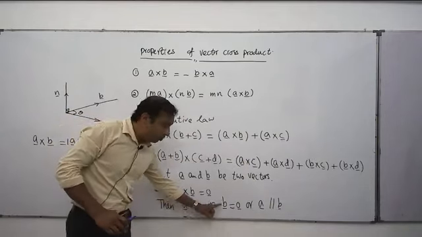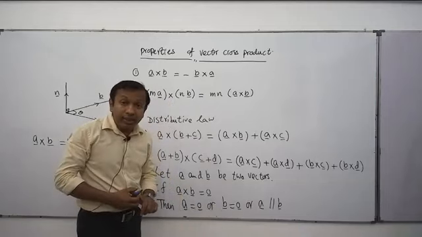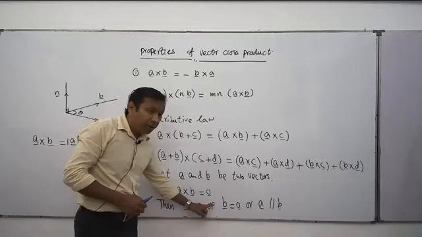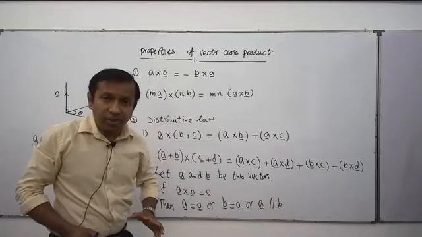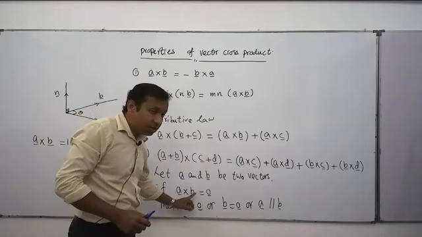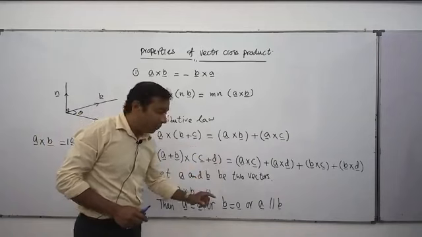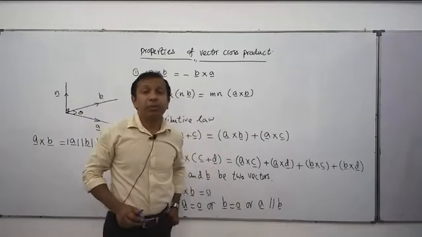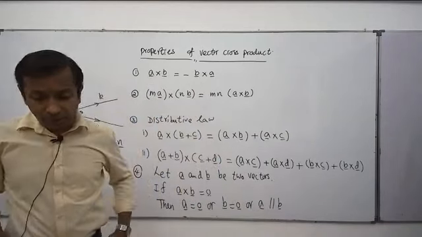Or if both of these do not occur, when A and B are not null vectors but still A cross B equals the null vector, this can happen subject to A parallel to B.